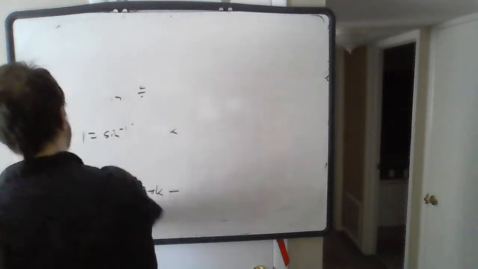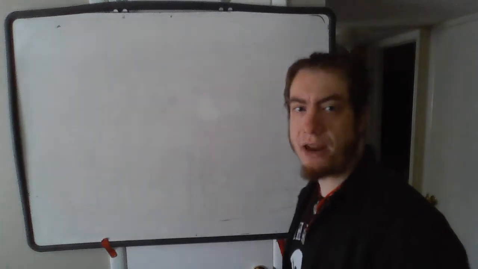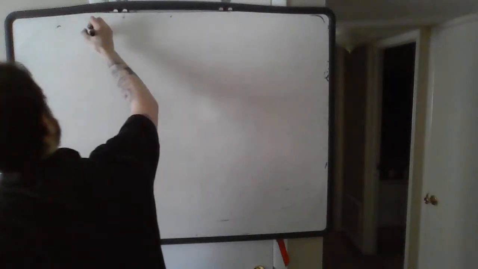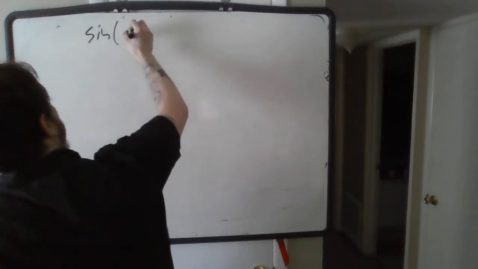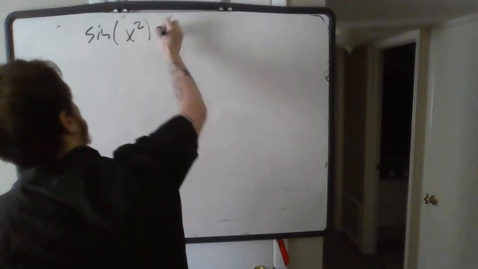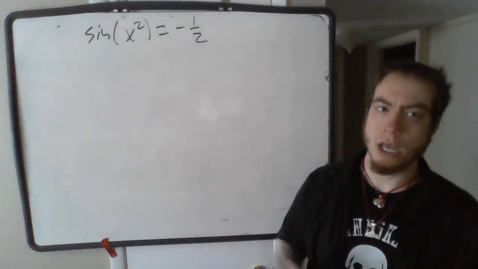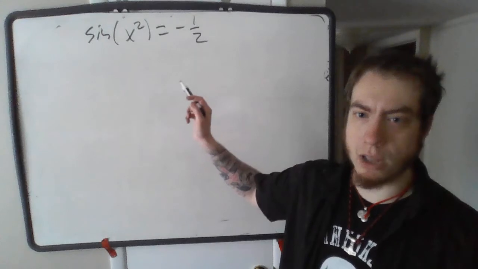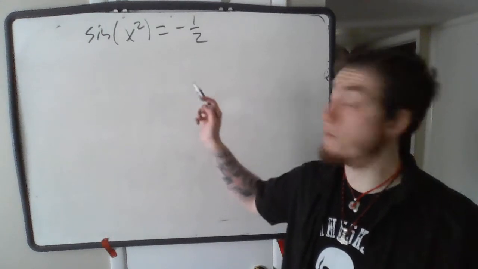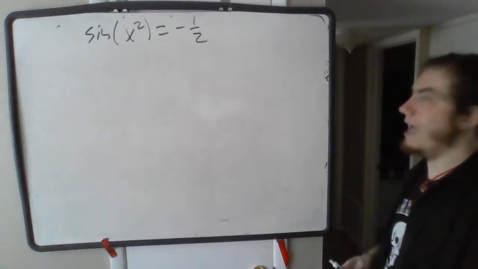Give me a moment while I erase all of this. What if, instead of the problem that we just had, I had sine of x squared equals -1/2? And by the way, we're going to talk about how to deal with the other trig functions later. But I want to talk first about the sine function here and how to deal with it.